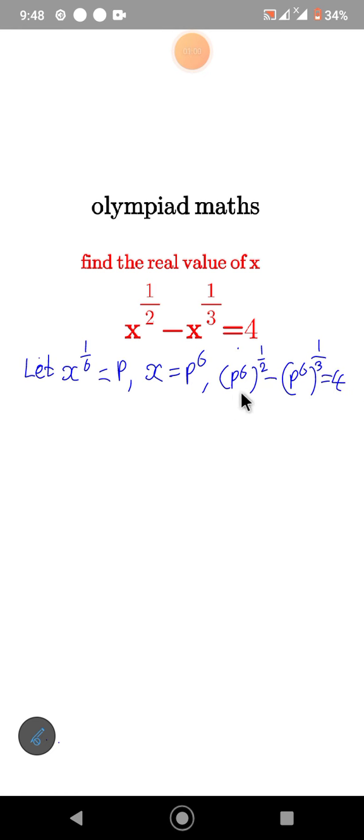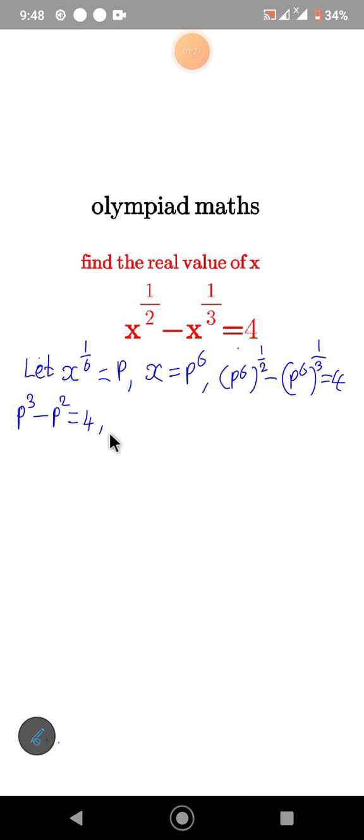The next thing I'll do is that 6 times 1 over 2 will give me 3. So here will be p raised to the power of 3 minus, 6 times 1 over 3 will give me 2. So we have p squared equal to 4.